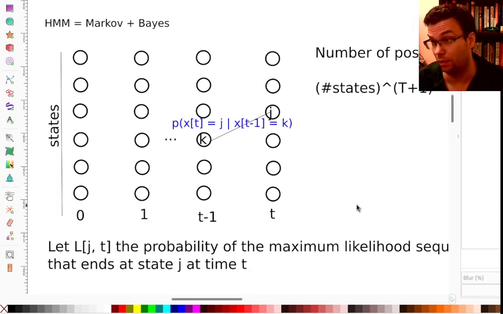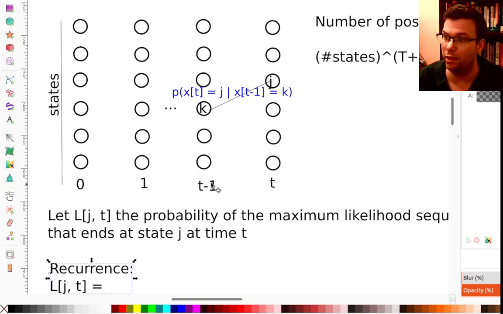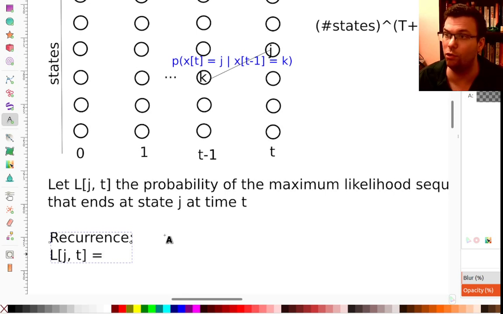So I'm thinking recursively, or inductively, here. Let's assume that I already have the solution to all of the subproblems at T minus 1. And what I'll do then is look over all the subproblems at time T minus 1.